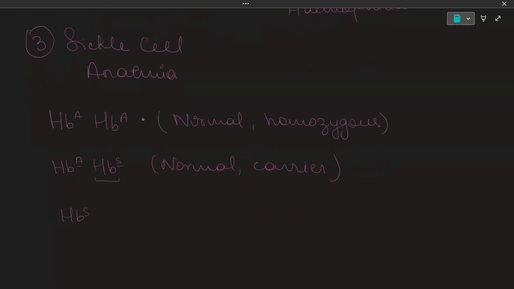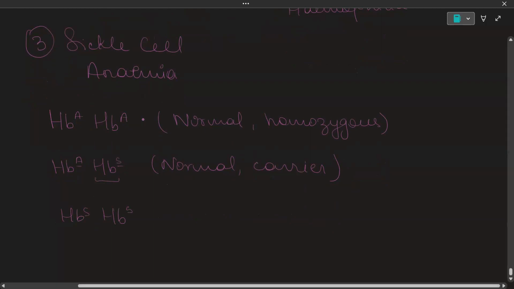Now comes this. As I said, it is an autosomal disease, and the second point is that it is recessive.